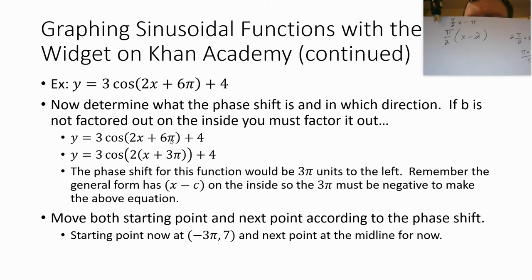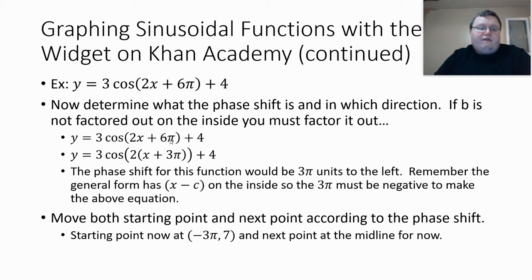Always double check yourself and make sure that if I distribute that back in, I get back to what I started with. And do the same thing here. If I distribute 2 into this, I get 2x, and 2 times 3 pi is 6 pi. So yes, check, done. So the phase shift for this would be 3 pi units because it's a plus 3 pi.